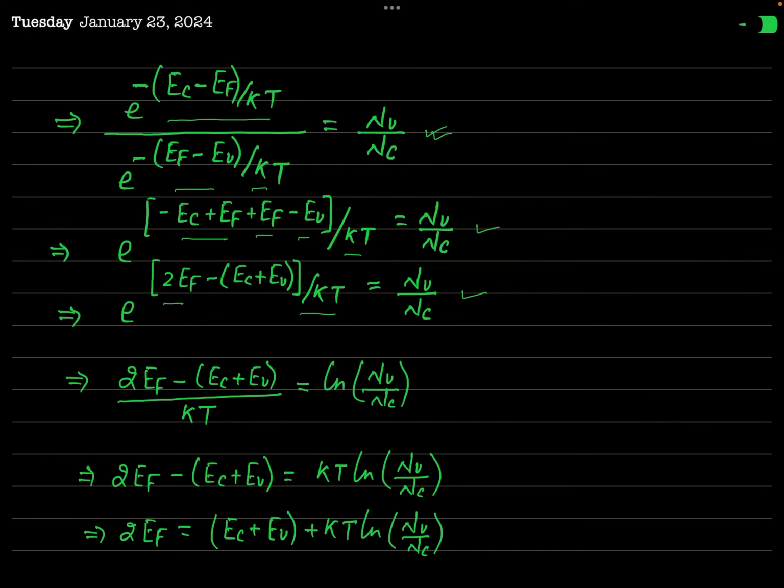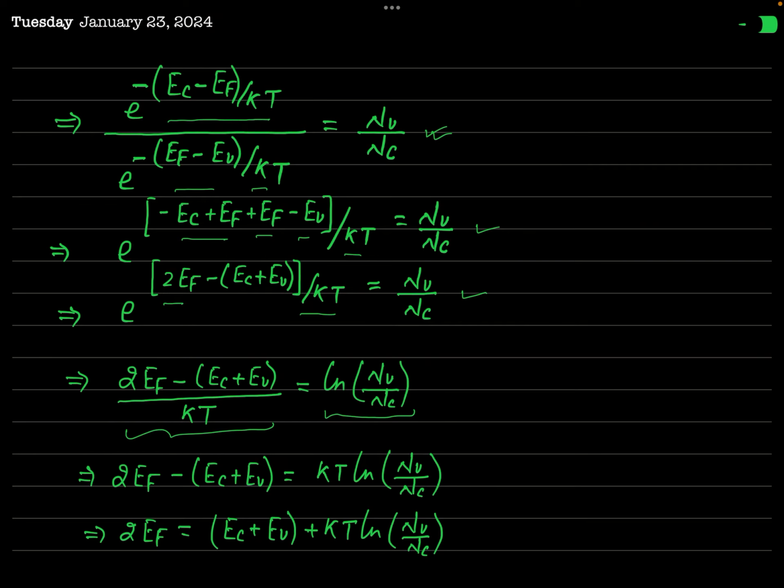So from the definition of logarithm, you can write that this power of the exponential, that is 2Ef minus (Ec plus Ev) over Kt, will be equal to the natural log of Nv over Nc, that is ln Nv over Nc.